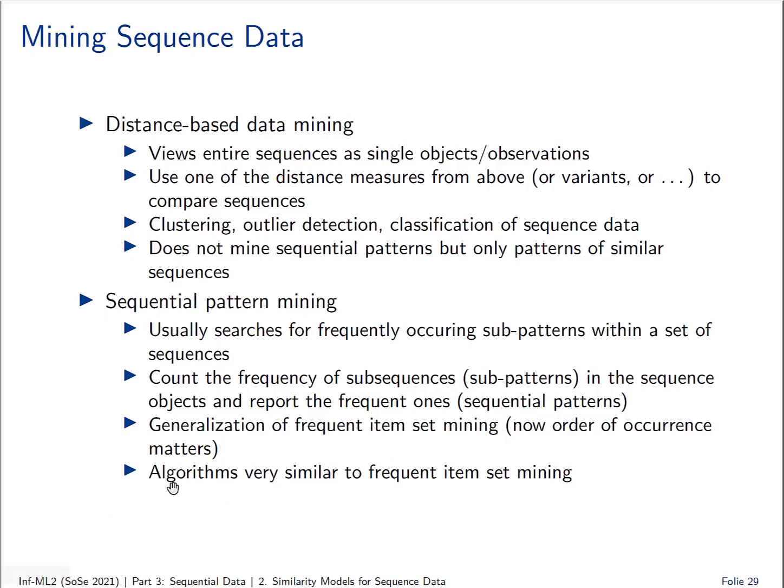However, the algorithms are very, very similar to the frequent item set mining problem. So that is the big picture. If you apply distance-based data mining, you can do that with these distance measures. If you want to find sequential patterns, you typically use algorithms from frequent item set mining for that purpose.